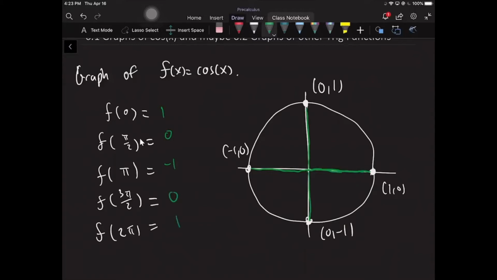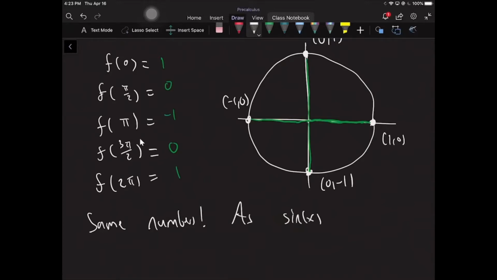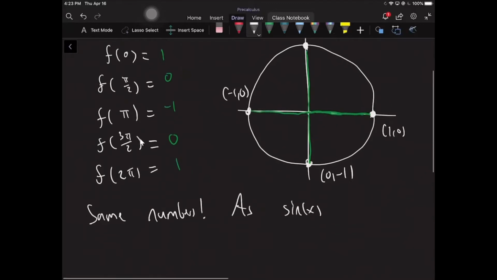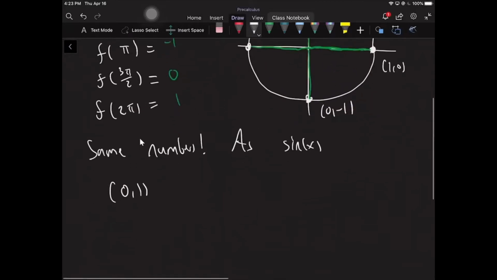So what you should notice is that these are the same numbers as we used for sine, except maybe in a different order. So the idea is, in fact, that these points really are the same, but shifted over a bit.